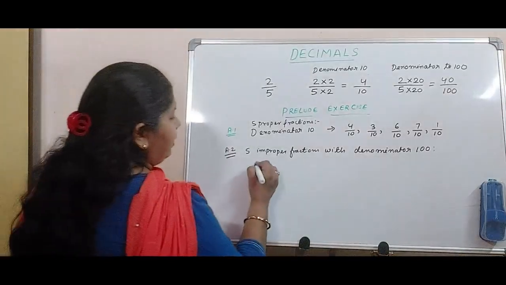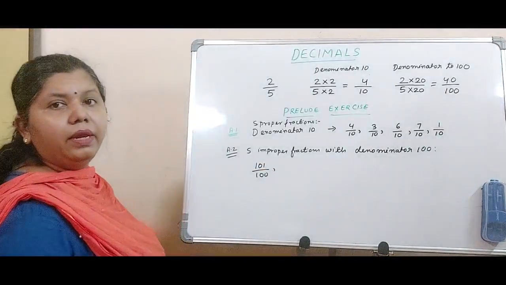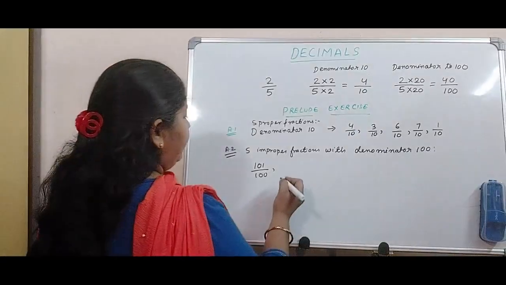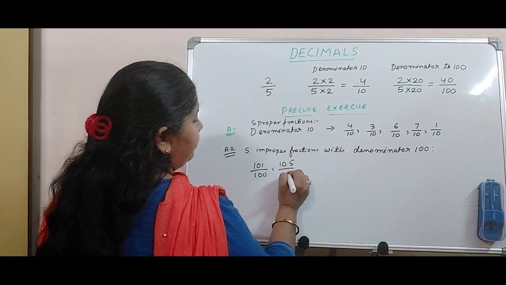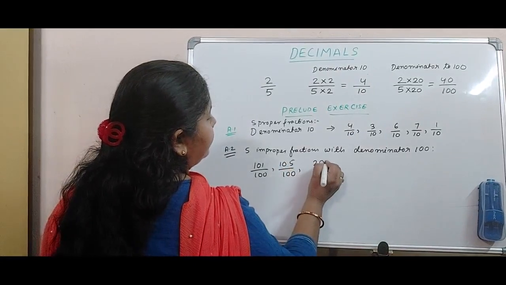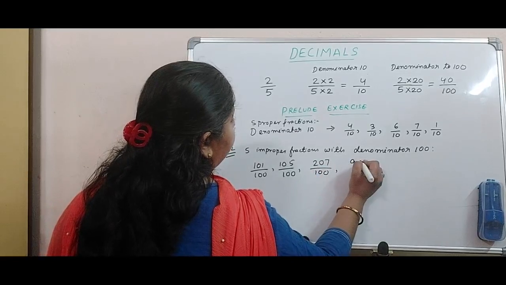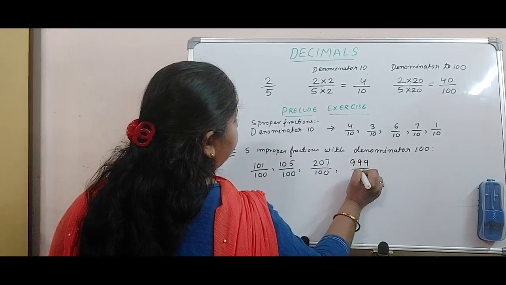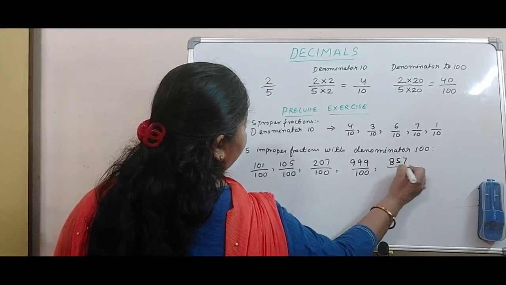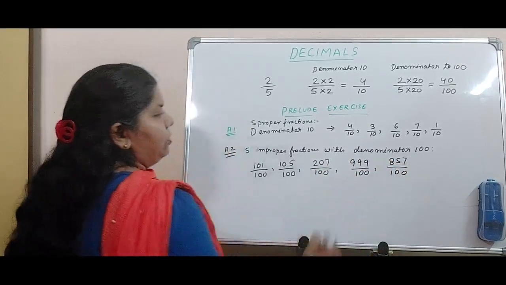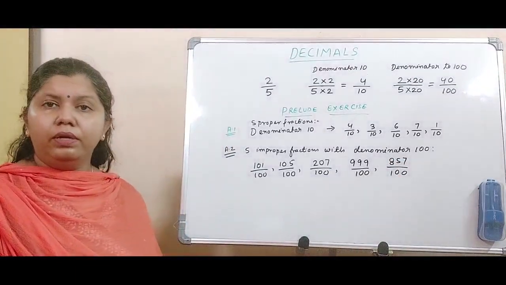So it can be 101 by 100, it can be 1005 by 100, 2007 by 100, 999 by 100. It can be 857 by 100. So we have got 5 improper fractions with denominator 100.